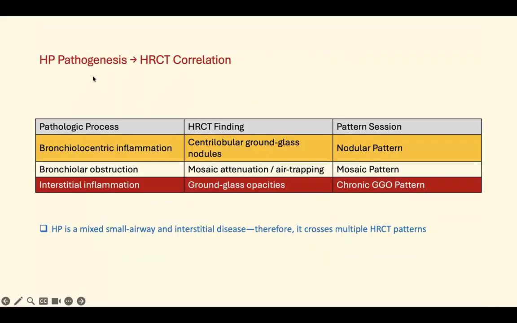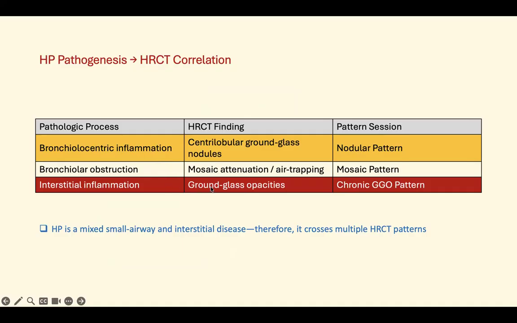That's why, because of this pathogenesis and because of its mixed small airway disease and interstitial disease, it is crossing multiple high-resolution patterns. That's why we discussed HP, hypersensitivity pneumonitis, in the nodular pattern session.